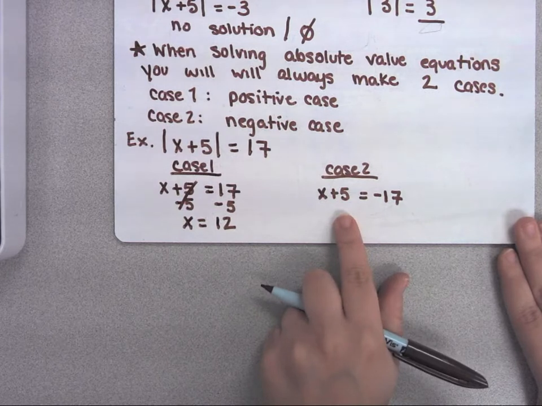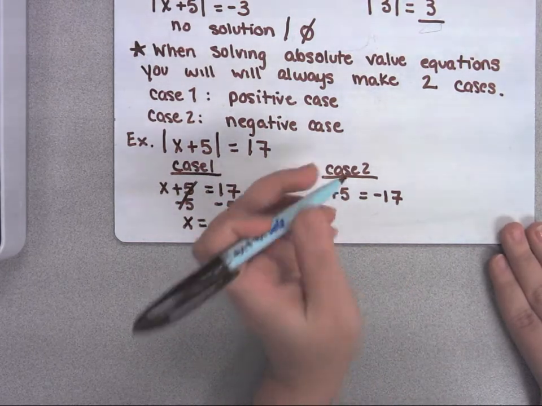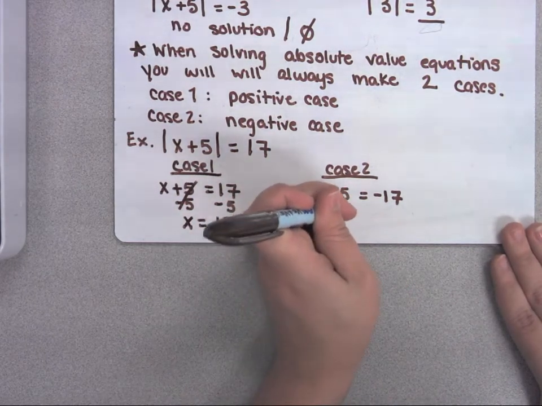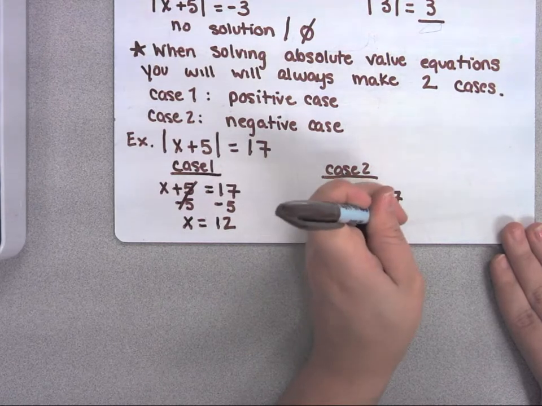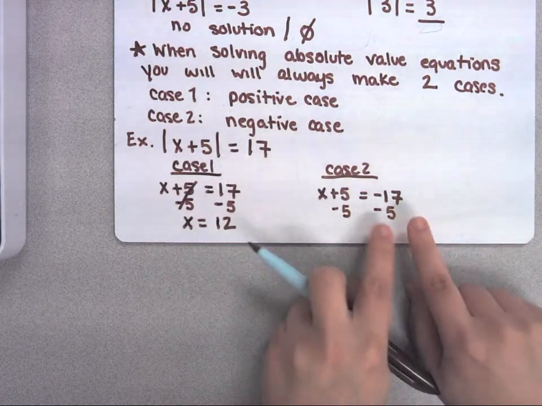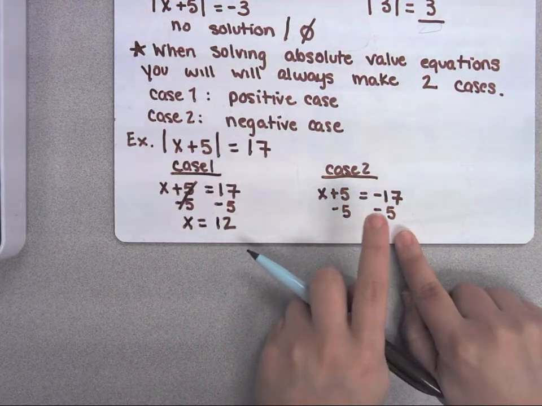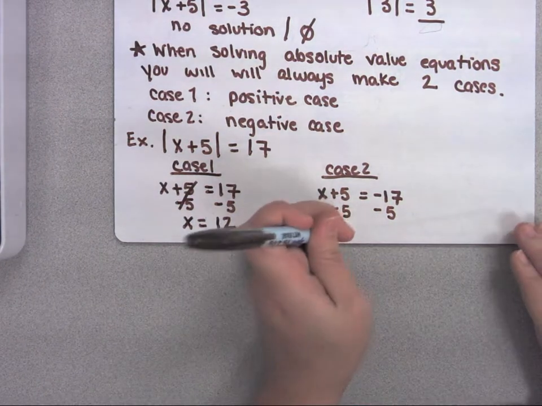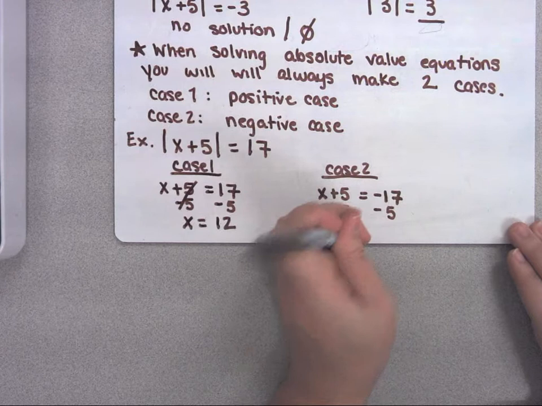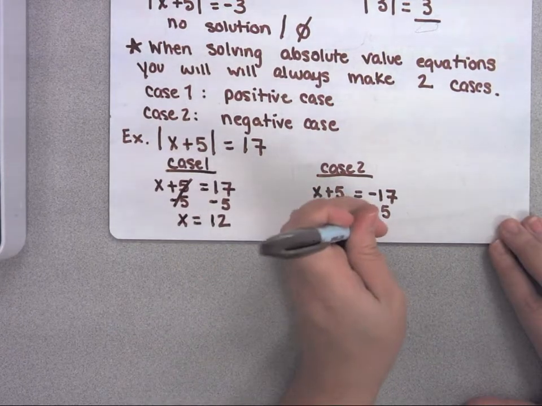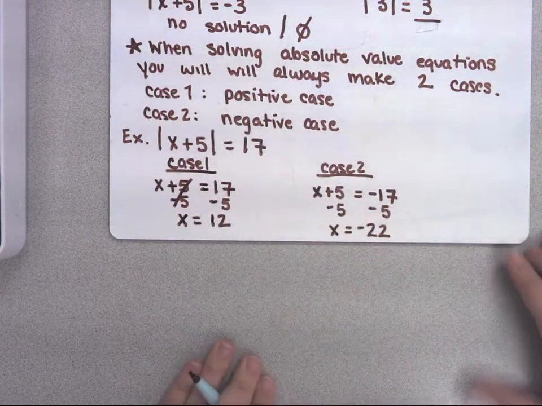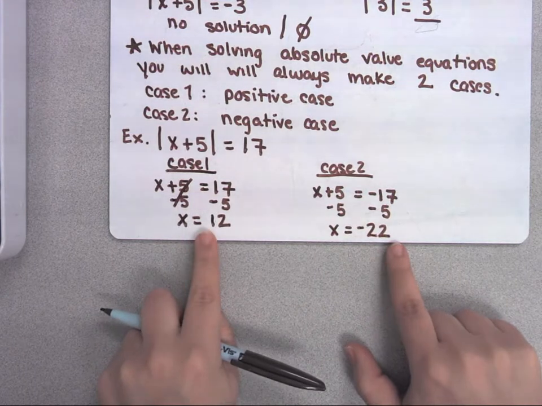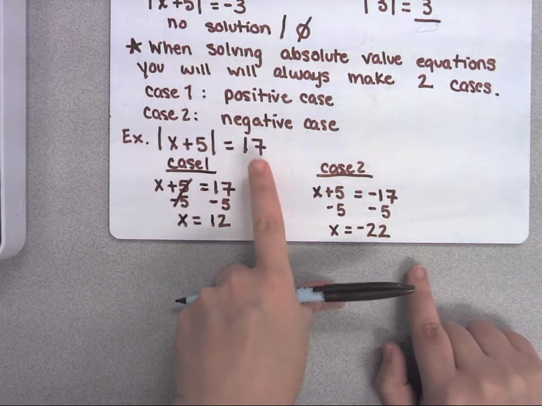Now, case 2, it still says x plus 5, so to get rid of it, don't I still subtract 5? So the math here is the same. The answer is just going to be different because now we're doing negative 17 minus 5. What's negative 17 minus 5? Negative 22. Two different answers that make the same thing.